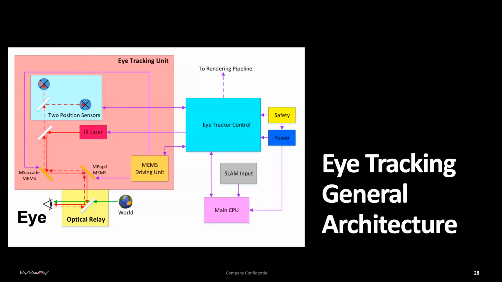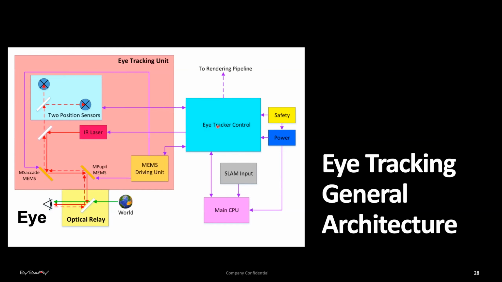The two position sensors are required because we need to know the lateral and the angular position of the eye. That means that we need at least 4 degrees of freedom. This is why we have two position sensors.